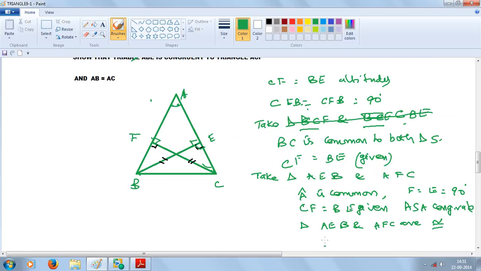If you write AB here, or if you write ABE, here you should write AC.